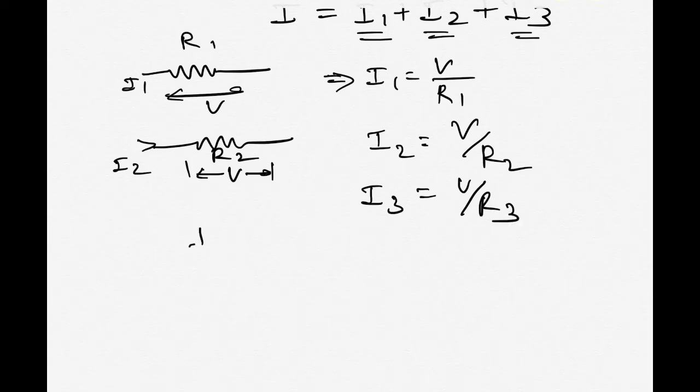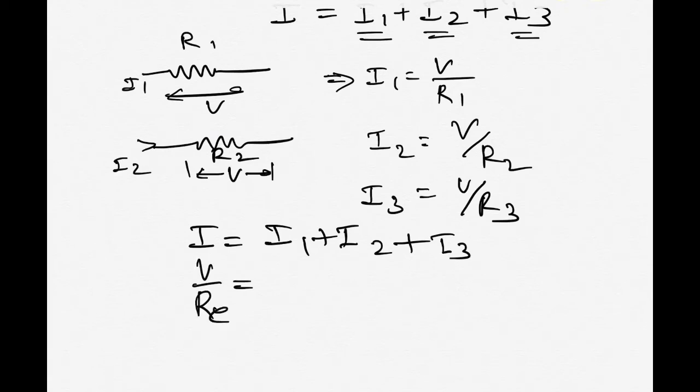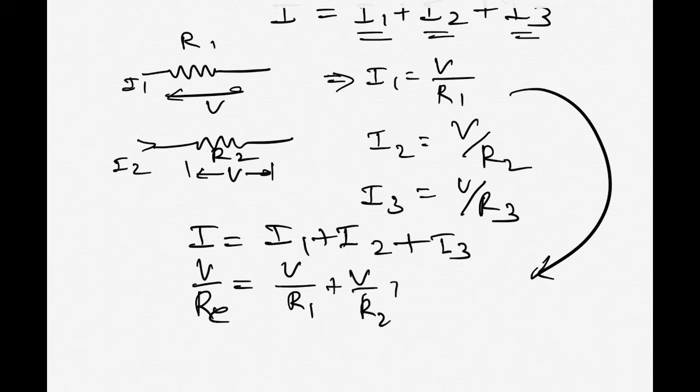So the total current in the circuit is given by I equals I1 plus I2 plus I3, and this can be written as V upon Re, where Re is the equivalent resistance of this combination of resistors. And again I can write this as V upon R1 plus V upon R2 plus V upon R3.